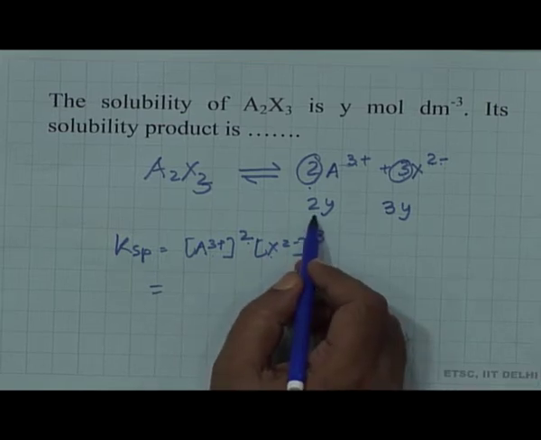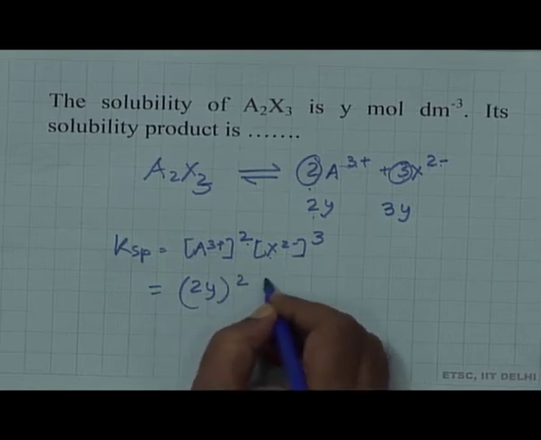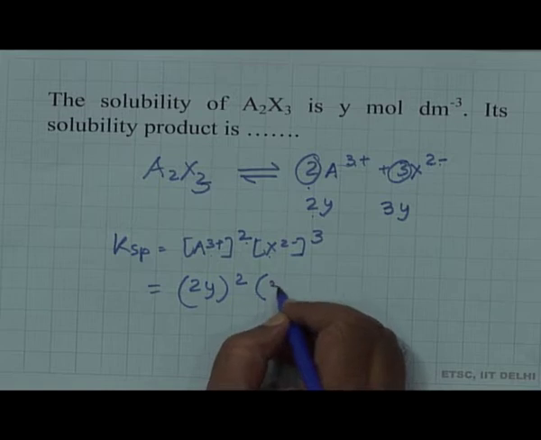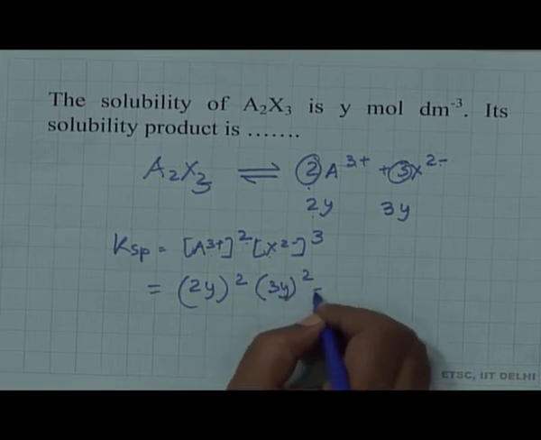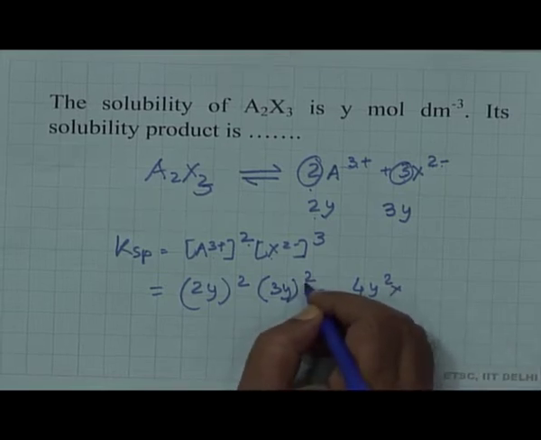The A3 plus ion concentration is 2Y, so 2Y whole square into the X2 minus concentration, which is 3Y, cubed.